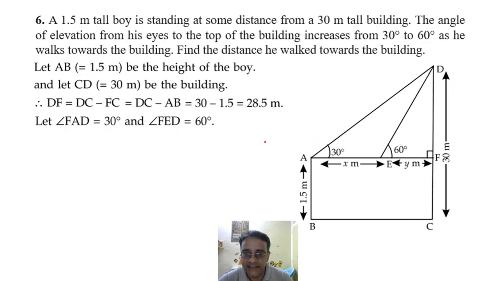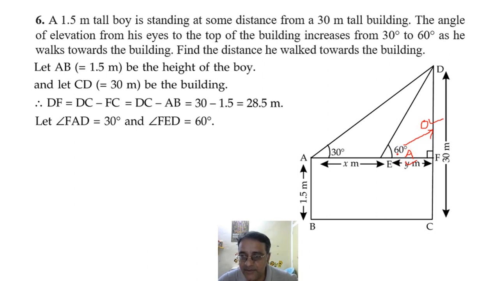Now we are going to take one by one right triangle, but before that, we take this side and this side, and with respect to this angle, this side is opposite side and this side is adjacent. So which trigonometric ratio belongs to these two?